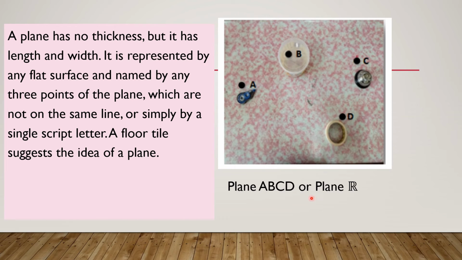Or we can call it plane R. If you want to name this plane, you can also call it plane R. So that is an example of a plane. We connect all the dots to make a line, and connect all the lines, line 1, line 2, line 3, line 4, to make a plane. So we go back to the point: everything starts with a point. Okay.